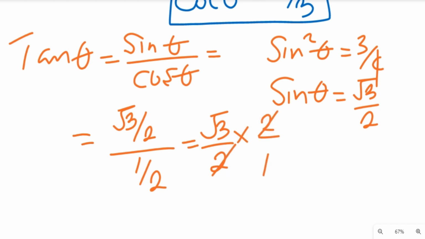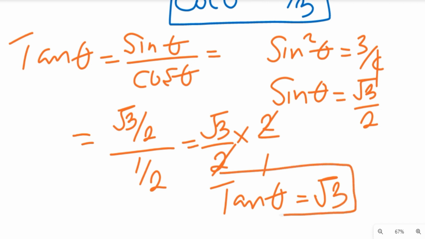So 2 will clear 2. That means our tan theta will be equal to square root of 3. So this is how you apply those trigonometric equations in solving problems like this.